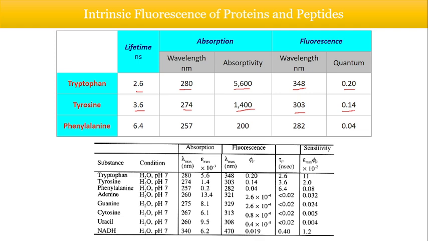This absorption peak is also important when you are purifying your protein or calculating the concentration of the protein. If these amino acids are lacking in your protein, then the absorption is difficult to calculate. So a higher number of tryptophans, tyrosines and phenylalanines is good for your protein.